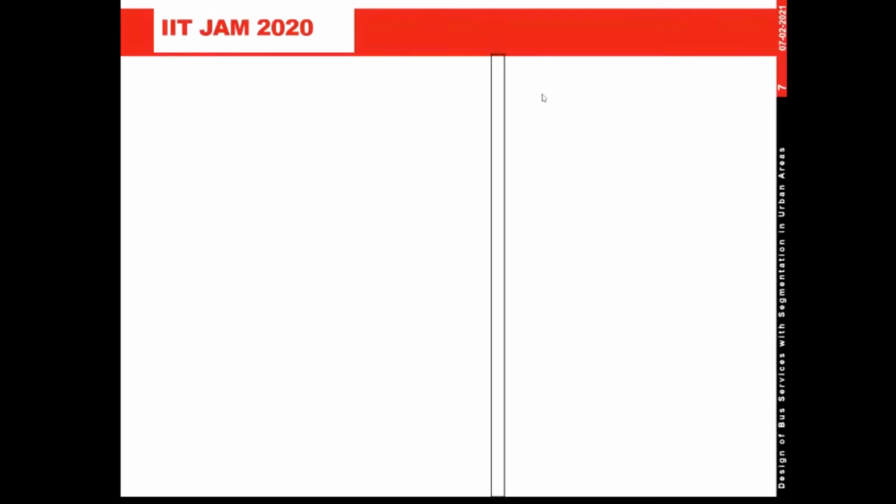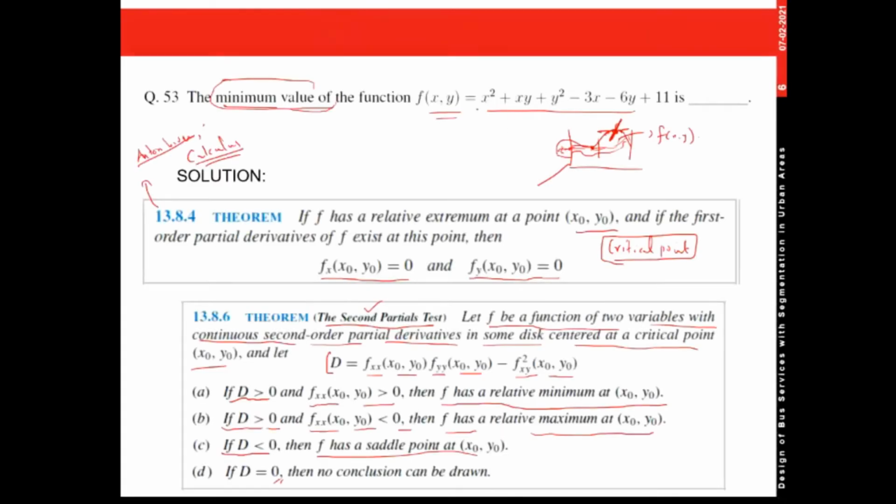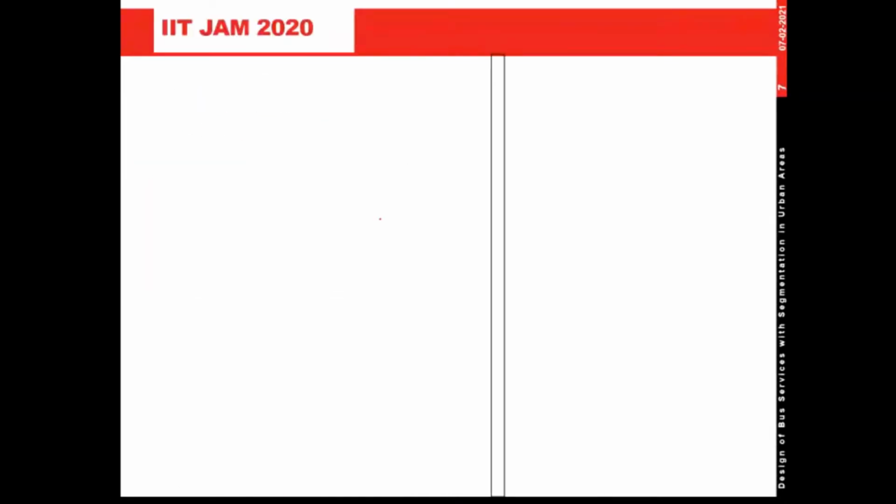We have f of x, y as this. To find the first derivative with respect to x, you will get 2x plus y minus 3. And if you find the derivative with respect to y, you get 2x plus 2y minus 6.